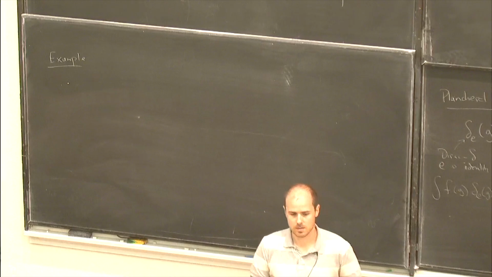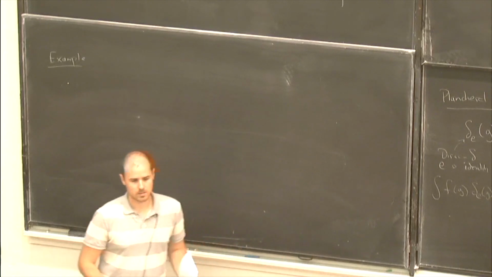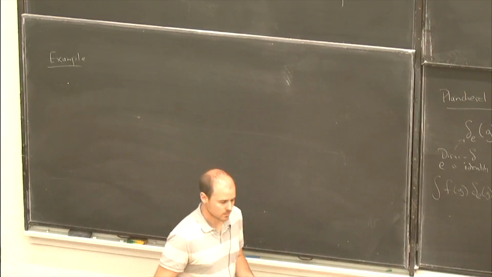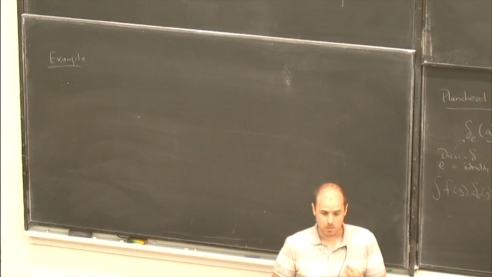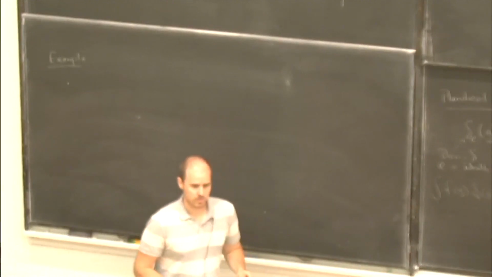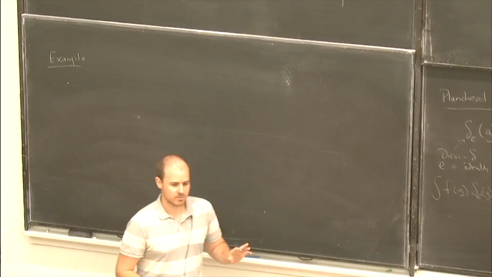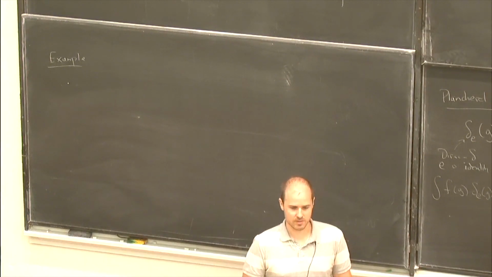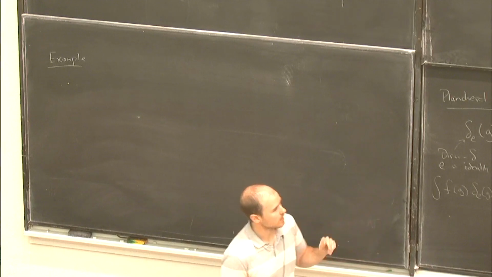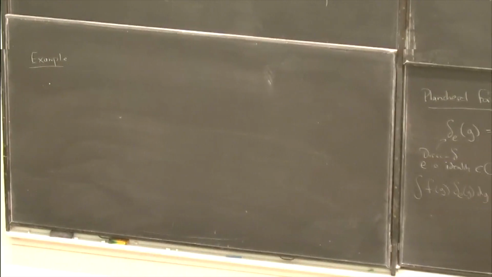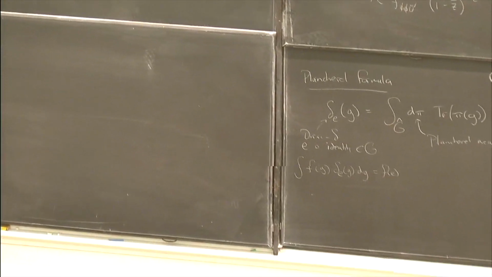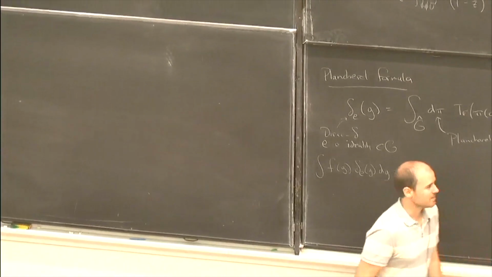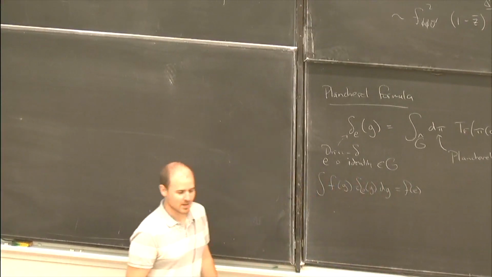By function on the group, you mean that if I feed the product of elements into the function, it spits out? No, just any function on the group. It doesn't have to have any nice invariance properties, although we will shortly be interested in functions that do. But in this formula, f is any function on the group, literally any function, satisfying sufficient niceness conditions that I'll talk about in a little bit.